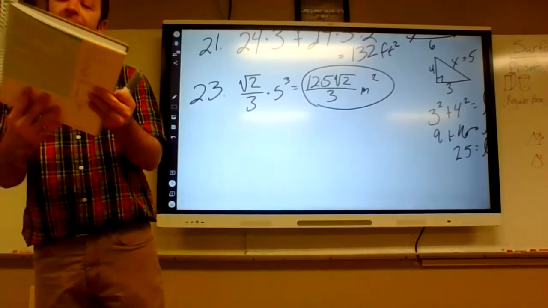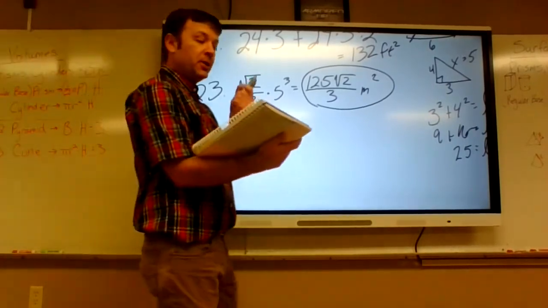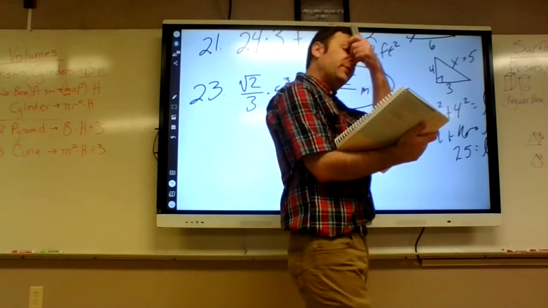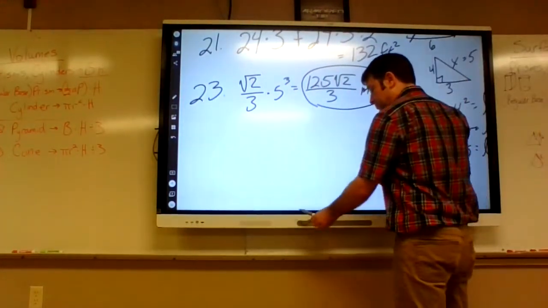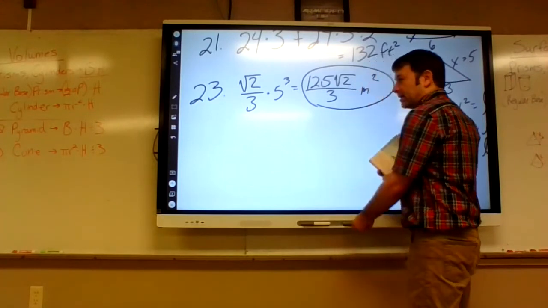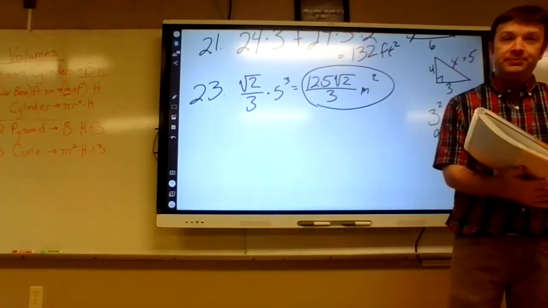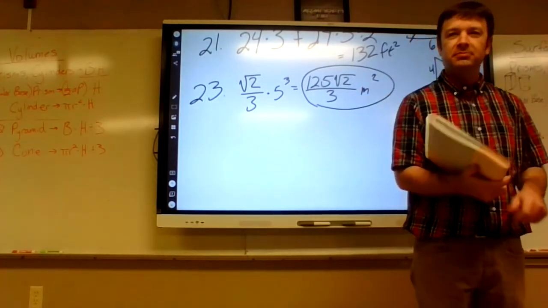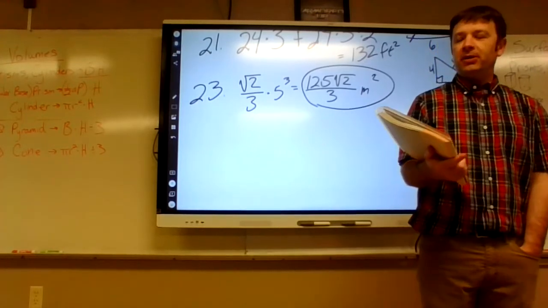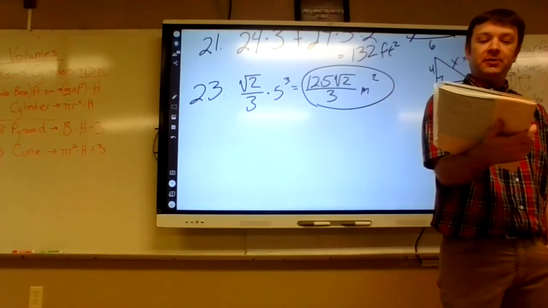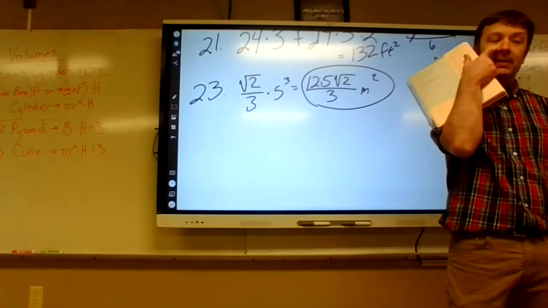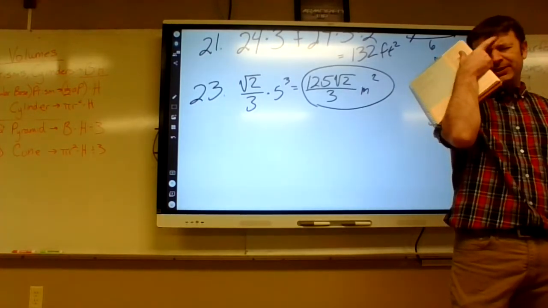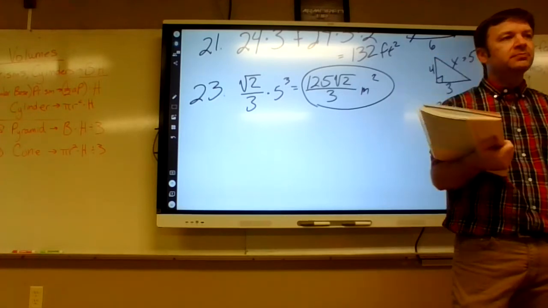Explain why, I'm reading number 25, why it would be difficult to find the surface area of that pyramid. What would be hard about finding the surface area of 25? Why does being slanted make it difficult? Because the measurements are different.